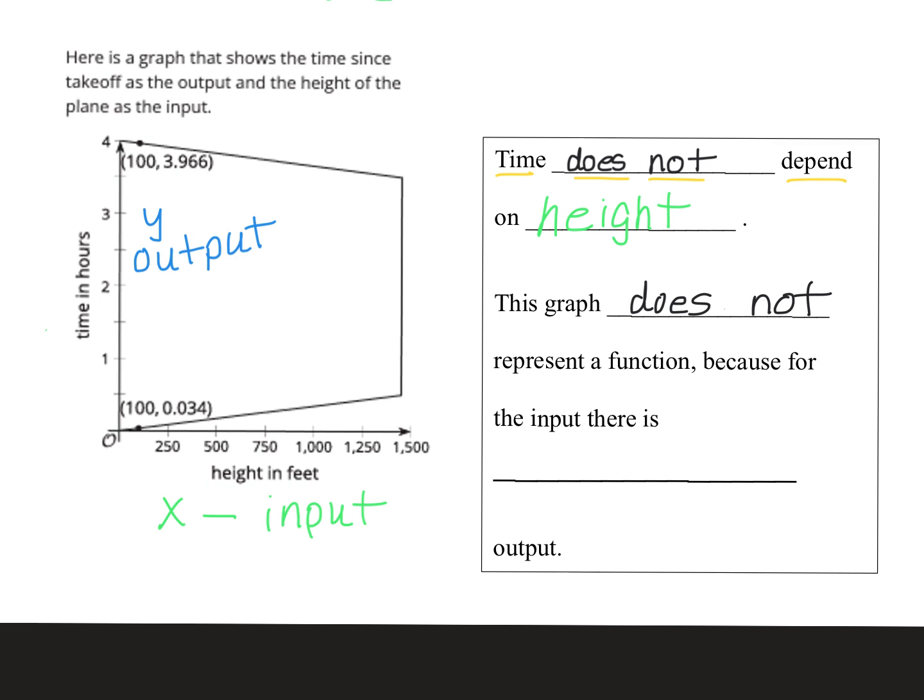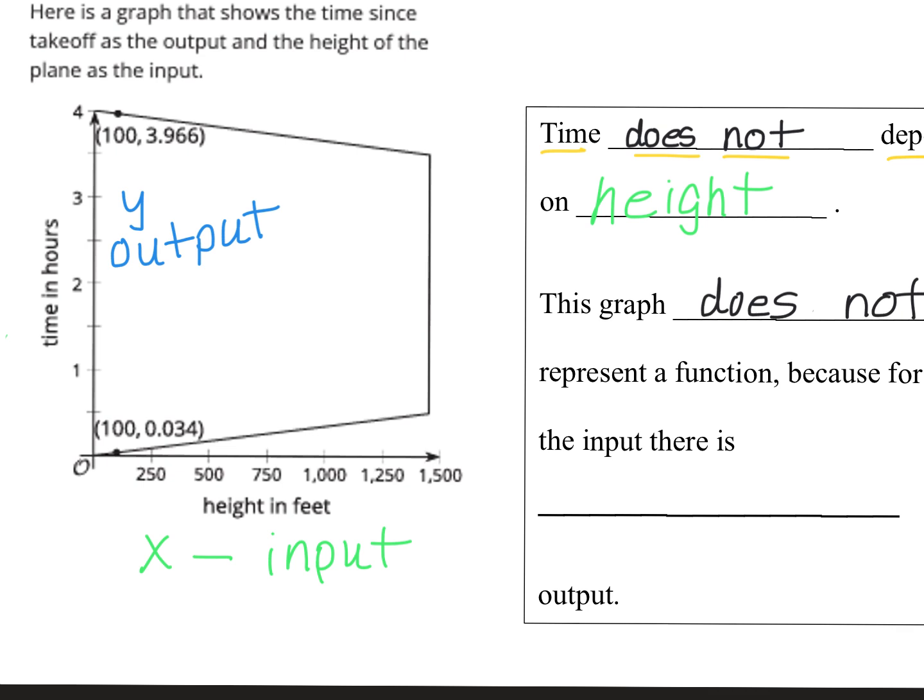And another reason is for an input value, for an x value, I'll use this 750, there are 2 y values. There are 2 different outputs.